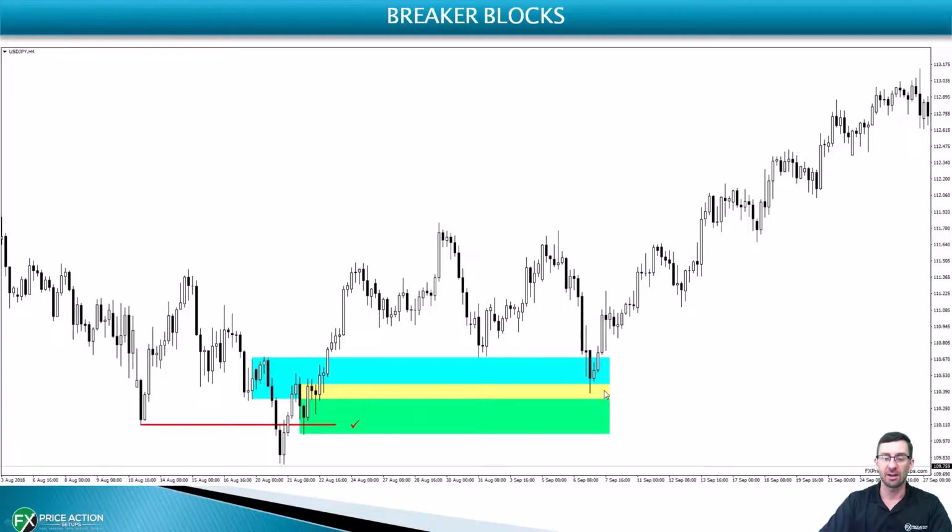And the yellow area, if you draw these lines on MetaTrader, is where these overlap. And as you can see, in this overlapped area is where the market ended up finding its support before having this massive bull run afterwards. So yes, look for these sort of nested breaker and order block areas for high probability potential action zones.